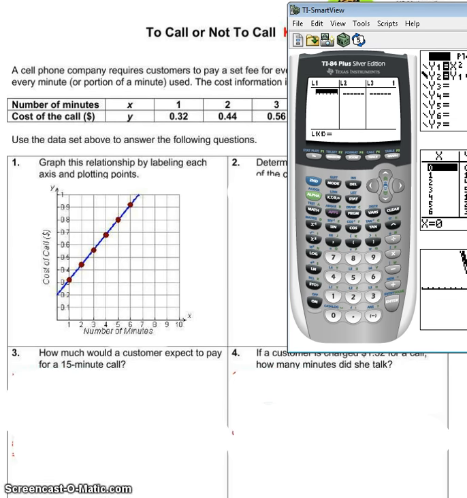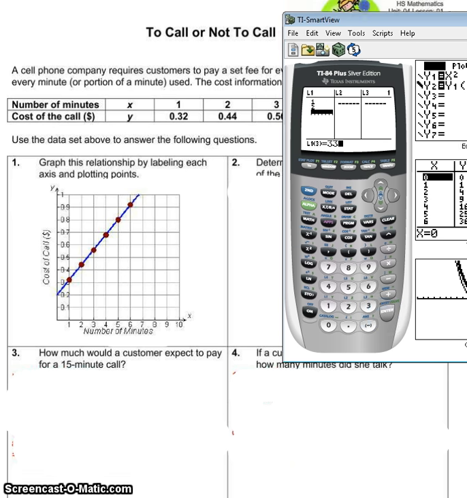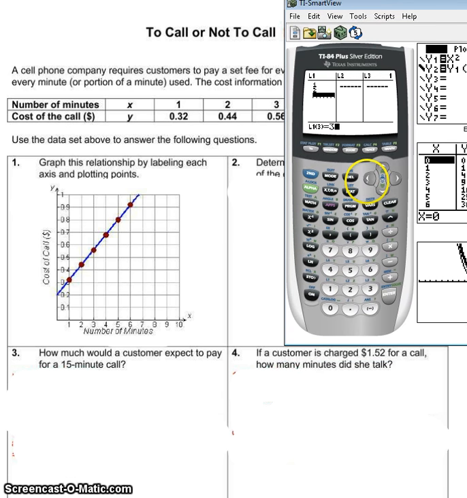So for X, I input 1, 2, 3, all the way up to 6. Let me go back and make that a 3, a 4, a 5, and a 6.